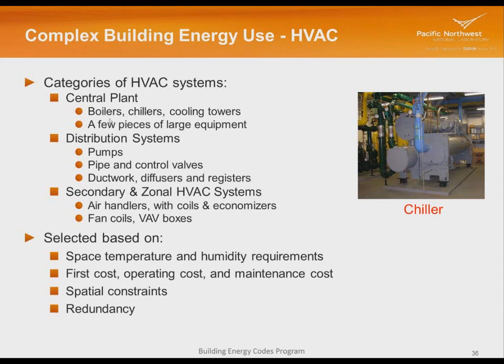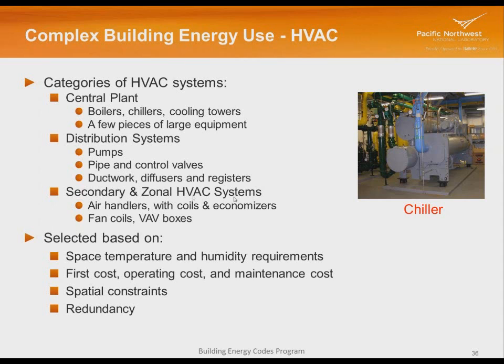So the central plant itself has boilers, chillers, and cooling towers. The boilers and chillers generate hot water and cold water to go out to the units. So we've got a few pieces of large equipment we're looking at. There are distribution systems: pumps, pipe and control valves, ductwork, diffusers and registers. So we distribute the air and the water throughout the system.